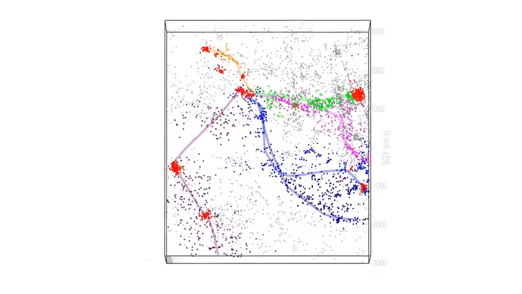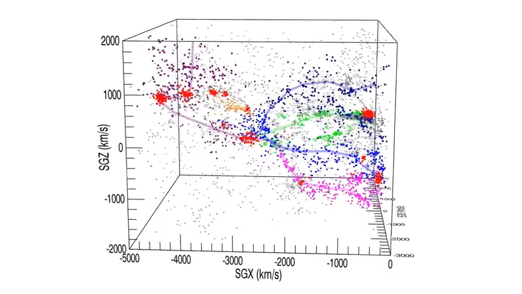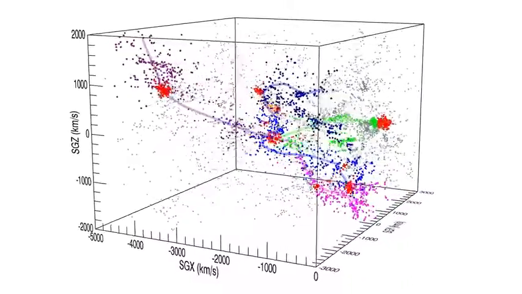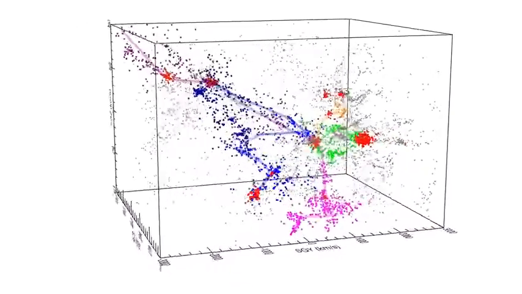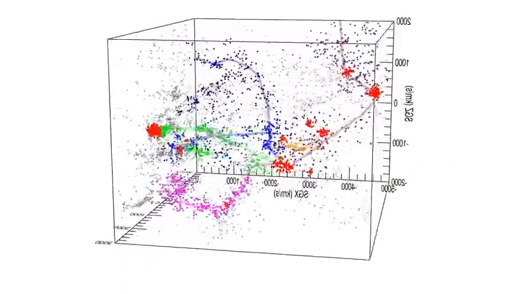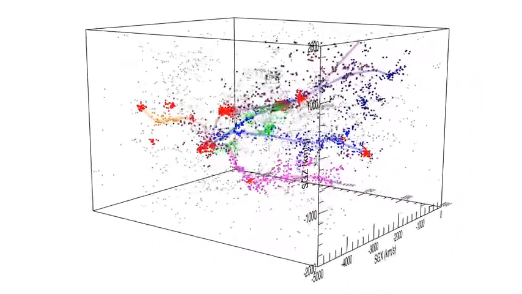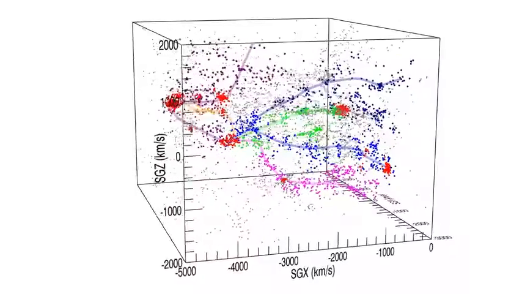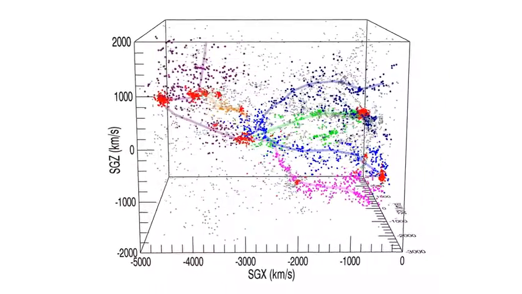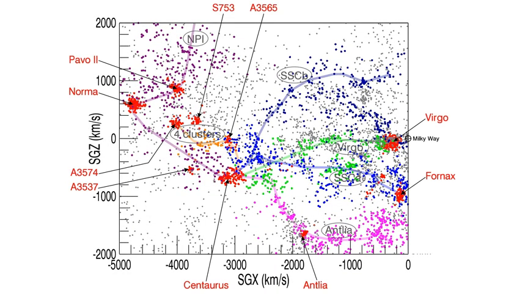The convergence of the 5 filaments onto the Centaurus cluster is seen best with movement of the viewing angle. The scene reminds us of the many arms of an octopus.